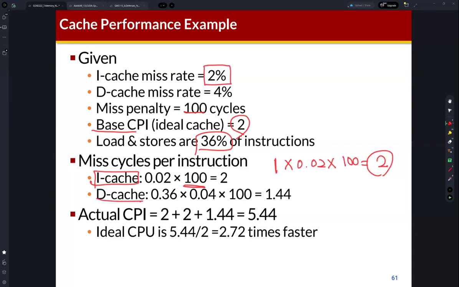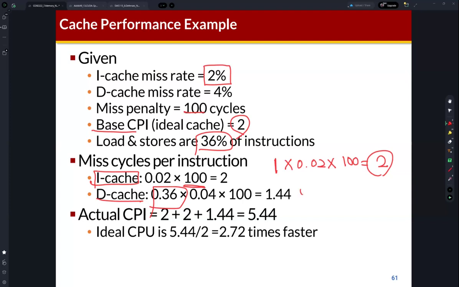How about the data cache? For the data cache, only the load instruction and store instruction will access the data cache. That's why we need to use the percentage of the load and store instructions.